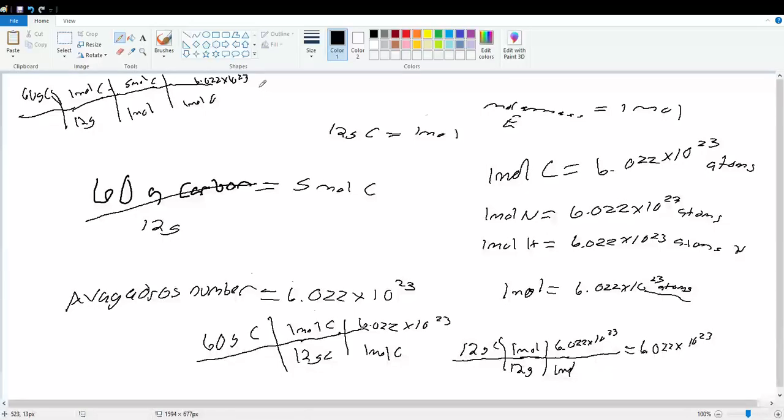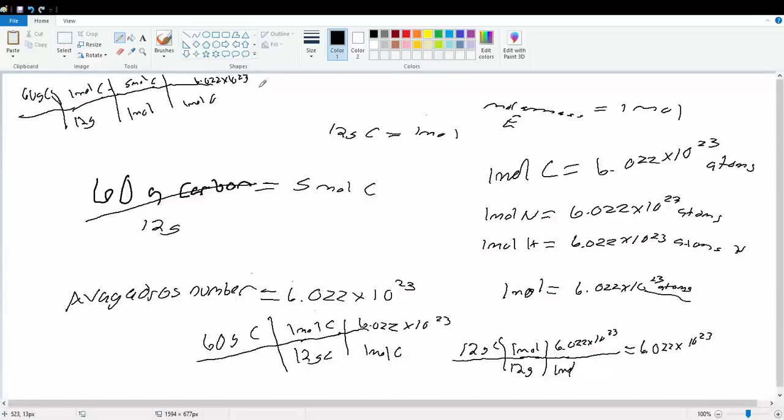So 60 times 1 times 5 times 6.022 times 10 to the 23rd divided by 12, the molar mass. And then you can multiply the ones, but it doesn't really do much. So you multiply the top row by the bottom row.